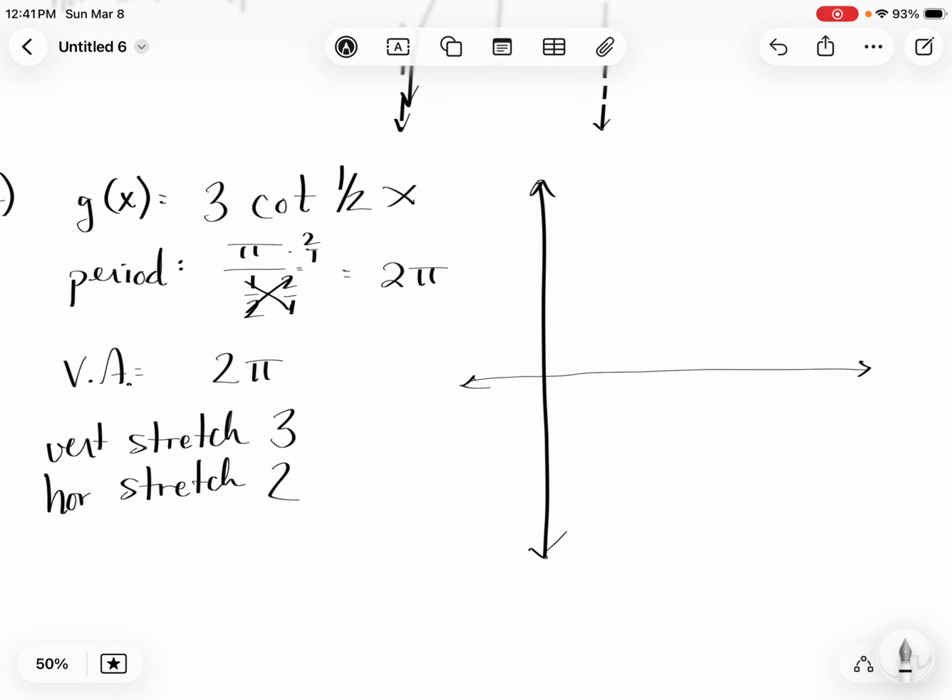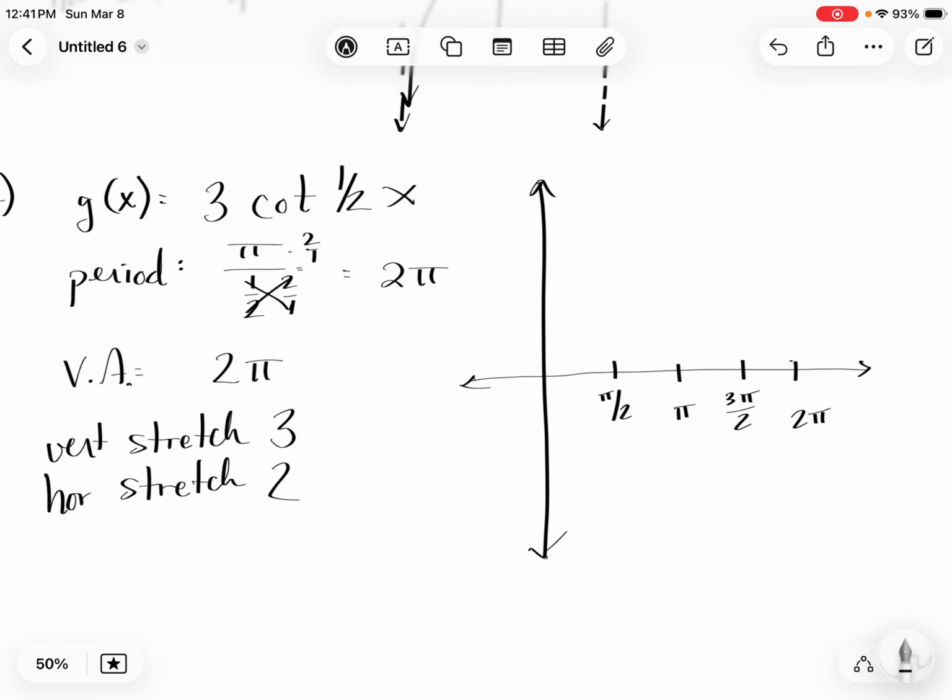I'm going to make it a little bit longer over here. I'm going to go out here at 2 pi, which should be the same as when we did the sine and the cosine. I'm going to cut it in half, which is pi. Cut that in half, which is pi over 2. And then I cut that in half there, which is 3 pi over 2. Okay?